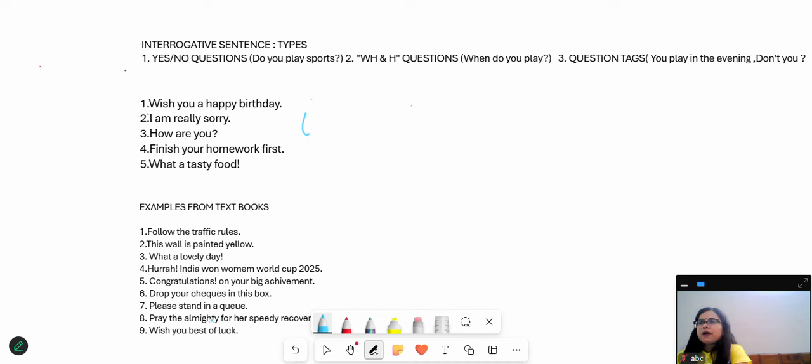Pray the Almighty for her speedy recovery. I told you, praying, wishing, cursing, they are all in the category of optative sentences. Then, wish you best of luck. This falls in the category of, again, optative sentences.